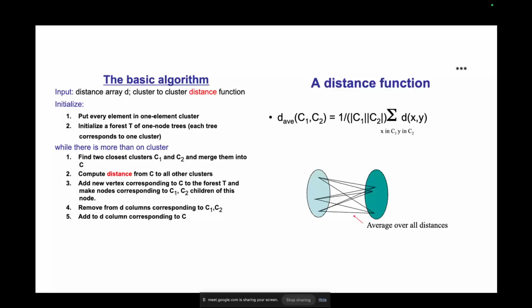Because C1 and C2 are the closest, then you have C3, which is closest to C1 and C2 together, not individually C1 or C2. So C1 and C2 is a cluster C, and C3 will be closest to that cluster. So you do this iteratively to find which pairs of data points are closest to each other, and you make a phylogenetic tree out of that.